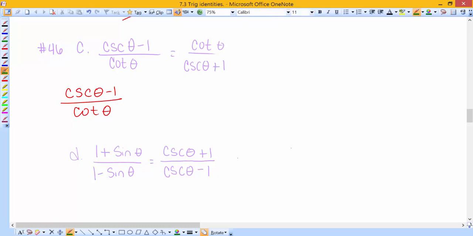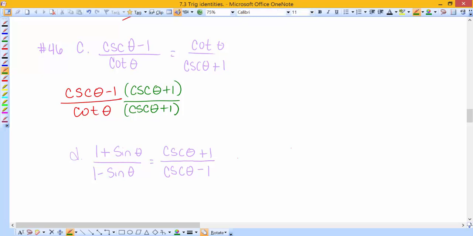Well, the only way I'm going to get a cosecant plus 1 on the bottom is to multiply both numerator and denominator by the conjugate, which is cosecant plus 1. It's the conjugate of the numerator. So cosecant minus 1, multiply it by cosecant plus 1.